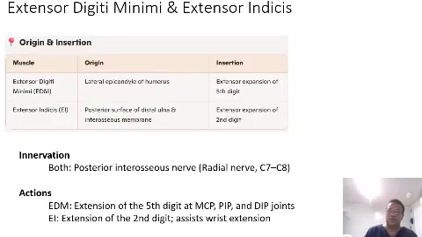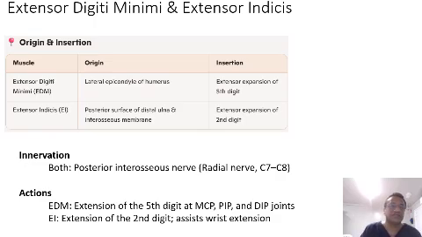Okay, now let's go into two specialized finger extensors, extensor digiti minimi and extensor indicis. Though they are small, they play a very important role in fine motor control and are important in both surgical and radiotherapy planning.